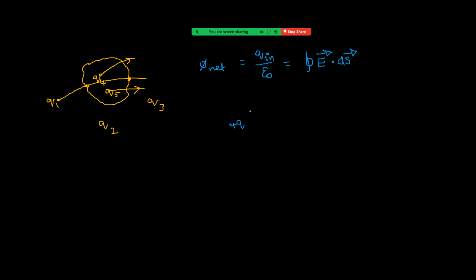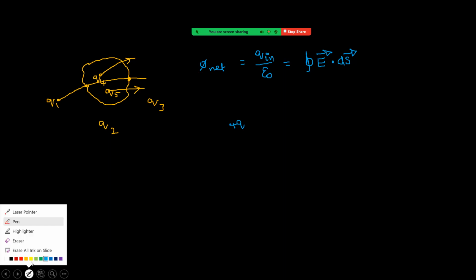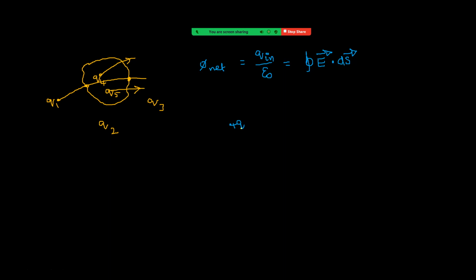First we have to imagine a closed surface, because the statement is net flux through a closed surface. We want to calculate the strength of the field at a distance r from that charge. So we imagine one sphere, taking the point charge as center and the distance as radius.